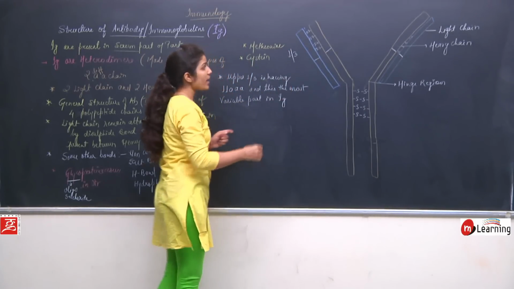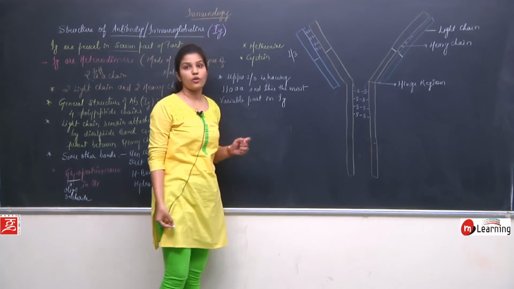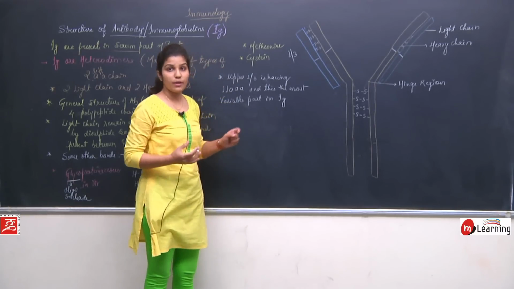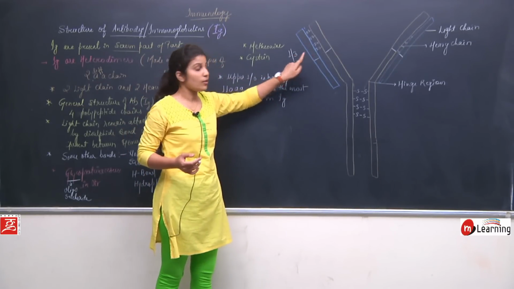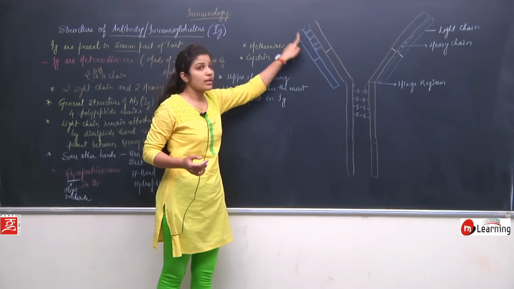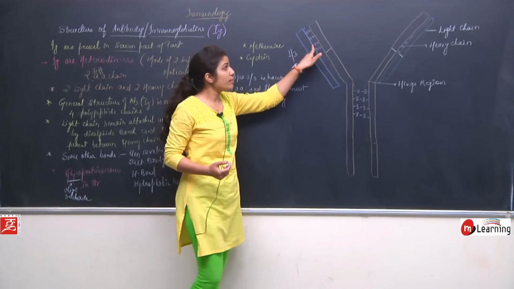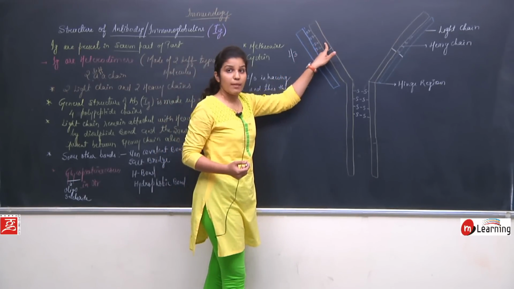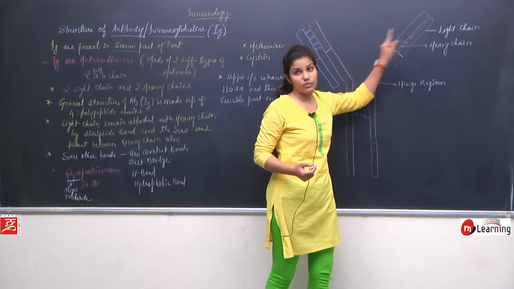That's why this part of the chain is known as the variable part or variable sequence, because this part comprises 110 amino acids. Now, these 110 amino acids will be different in each immunoglobulin. These will be different, these will be different, and these will be different.